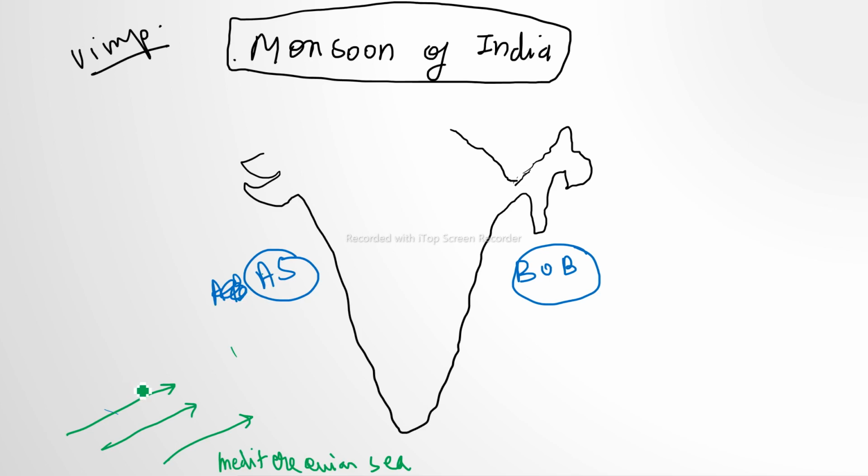So right now you don't have to worry exactly where the Mediterranean Sea is, but you need to know that certain winds are coming from the Mediterranean Sea, and these are called southwestern monsoonal winds. Okay, so these are the southwestern monsoonal winds that are coming.